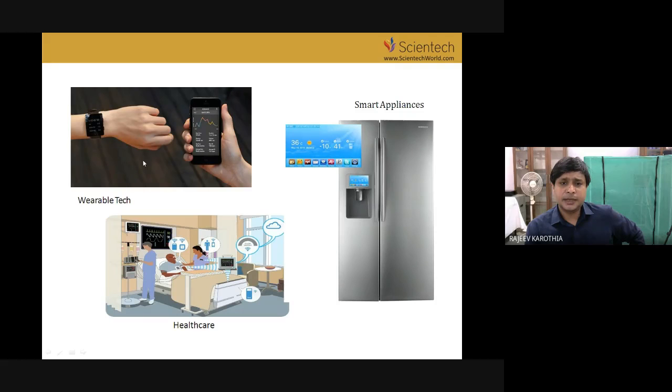We have some wearable technology devices you can wear on your wrist, and then you can get different parameters relevant to pulse rate, heart rate, blood pressure.